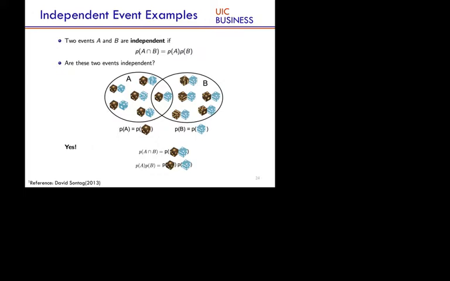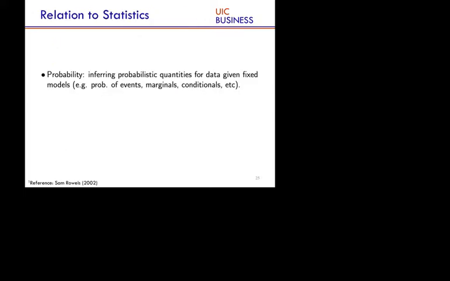Okay. So now let's relate these quantities, expectation, conditional probability, marginal probability, joint probability, Bayes rule, to statistics. Probability is all about inferring probabilistic quantities for data given a fixed model.